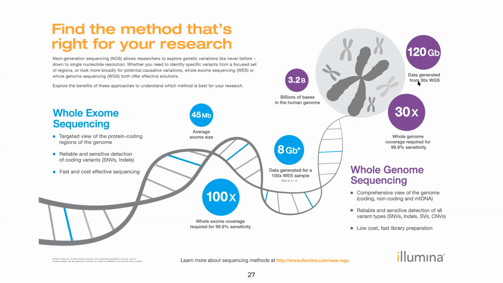When we're talking about the whole genome sequence of the full human genome, we're talking about 120 gigabytes, and that is a much lower coverage of all the positions on the genome, right? So even though we have this difference, if we were to sequence the human exome at the same coverage, it would be a much smaller data set than we have for the full genome.